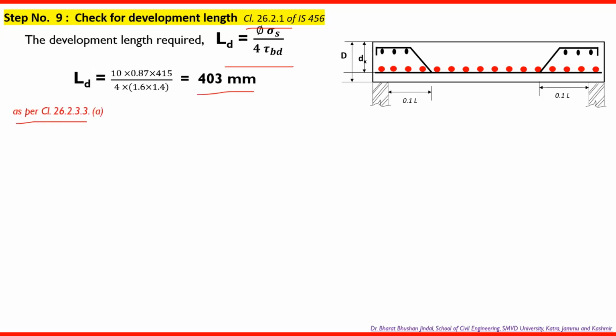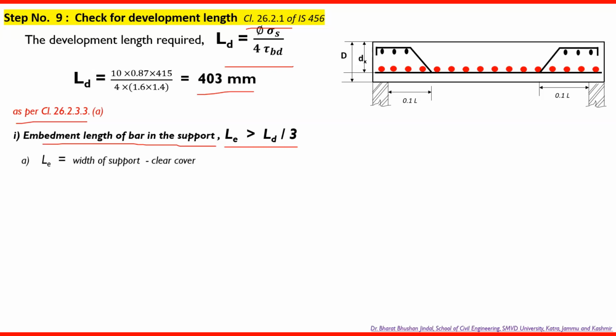And as per clause part A of 26.2.3.3, first of all we have to calculate what is the embedment length of the bar, which we can take up to the support or within the support, and that embedment length should be greater than Ld by 3. So embedment length we can calculate by subtracting the clear cover which is required from the width of the support, and it comes out to be 205.